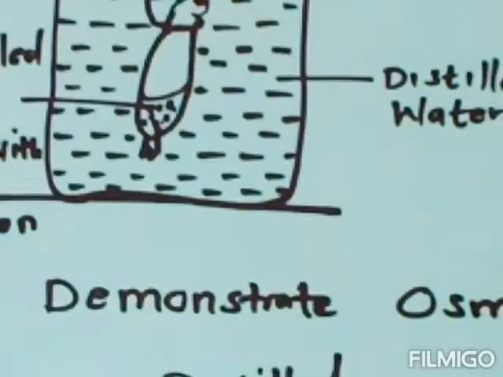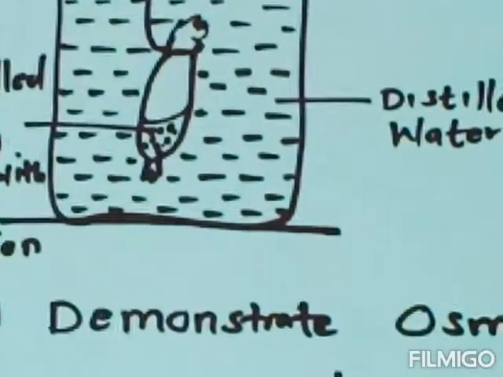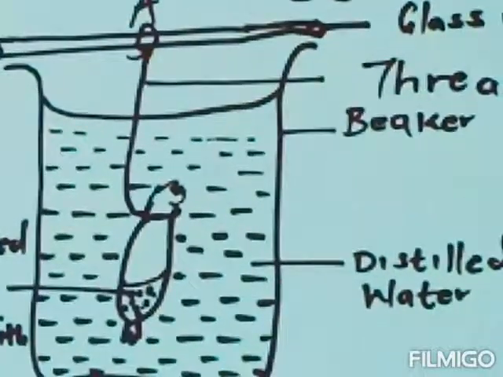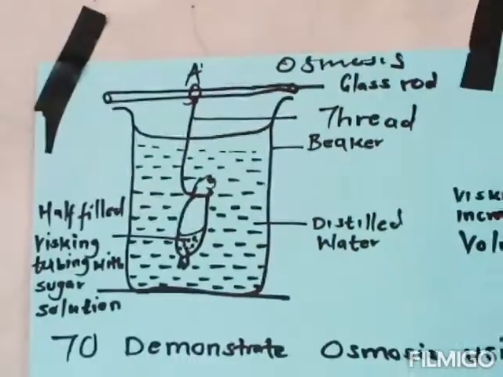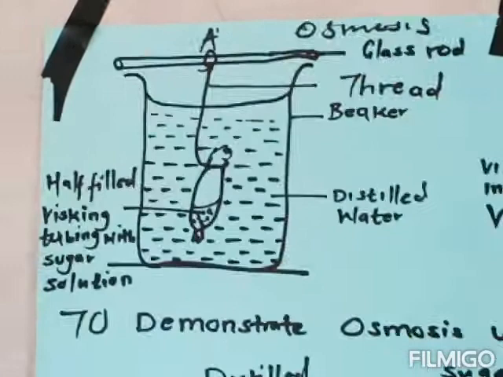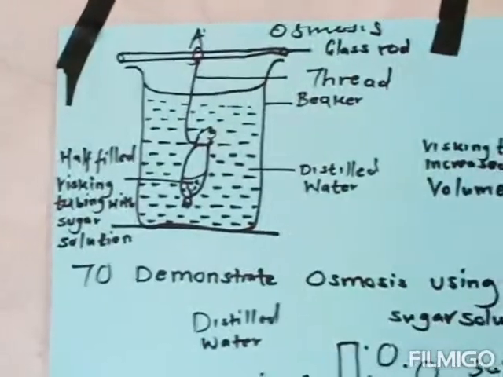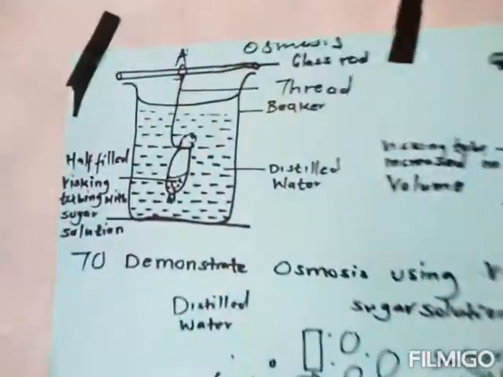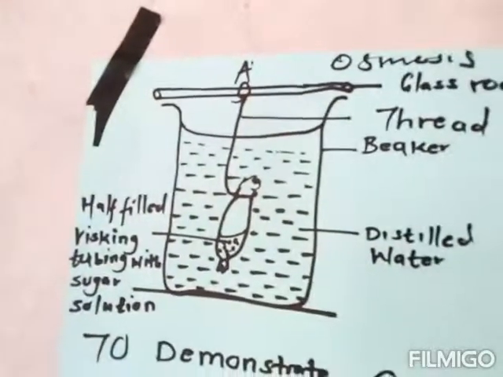Then the next procedure, you half fill the whisking tubing with the sugar solution. Then the next step, you immerse it into the beaker that is containing the distilled water.